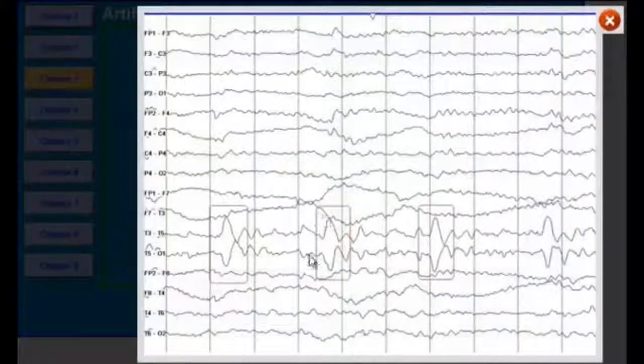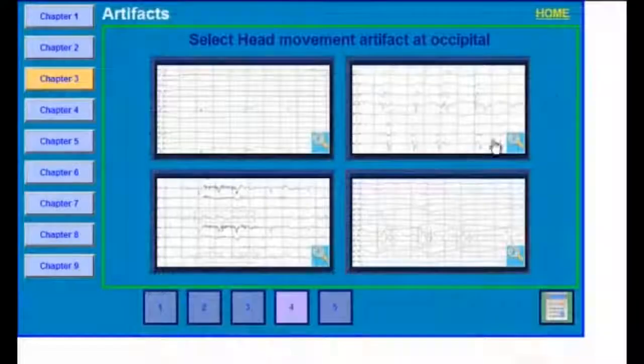What you see is some kind of a periodic discharge that occurs at T5. This patient actually had hiccups, and these were artifacts resulting from the hiccups. Getting back to the question, select head movement artifact at the occipital head region. This should be the right answer.